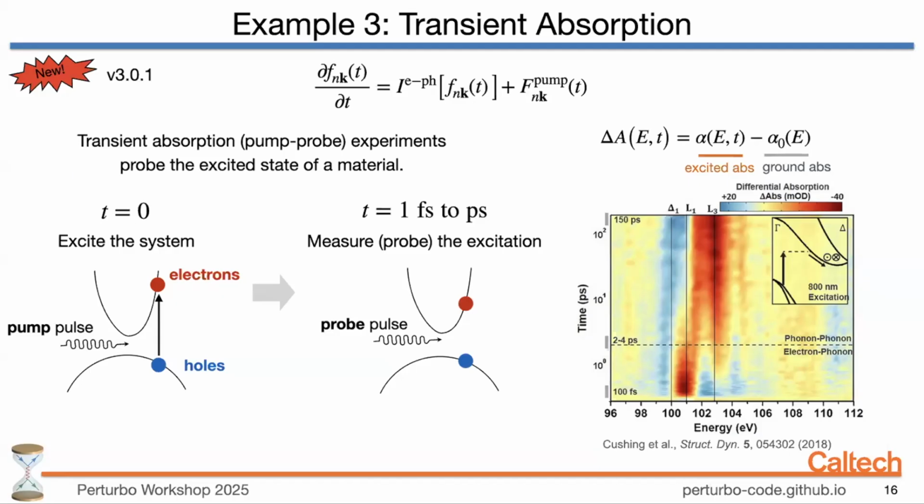So with RTPTE, we are able to compute the subsequent dynamics of carriers and then use this population to compute the transient absorption signal, which I plot on the right. This is an experimental plot, but we can simulate something like this where we can get something that the experiment usually measures.